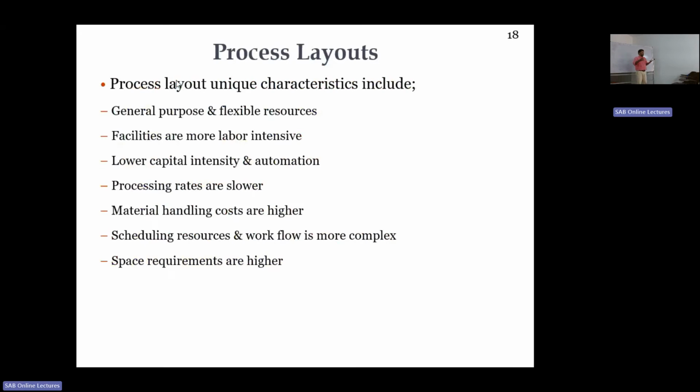Different patients and medical equipment should be taken from one section to another, so they need spacious passageways in the layout. This part, the space requirements are high. You can compare these characteristics with other layout types when we discuss them. Is that clear? What we talked about process-oriented layout.